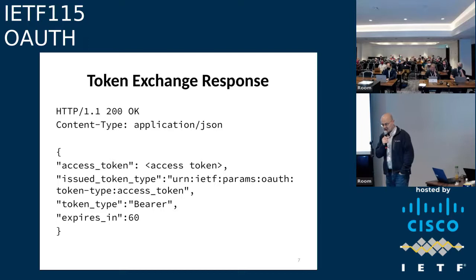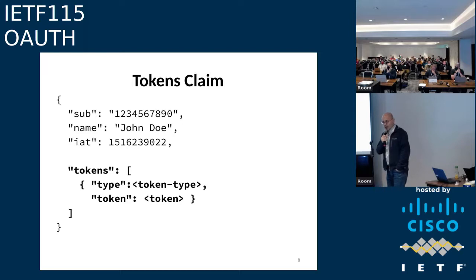So the response will be a typical token exchange response with the requested token, including the embedded token. Next slide, please. To do that, we also wanted to define a new tokens claim. In this case, we defined a tokens claim that is a list of objects, and each object will have information about the new token.